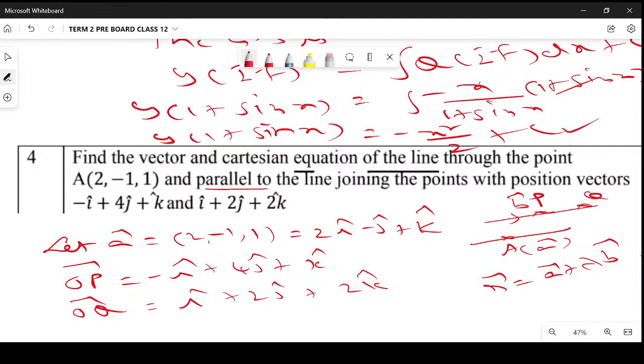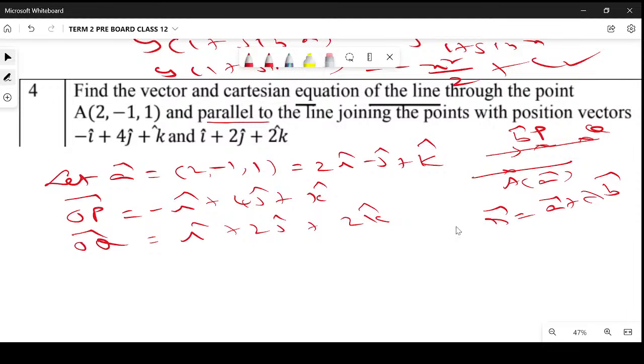Now they are asking for PQ bar. You find the vector PQ bar, which is nothing but B bar, parallel to that. PQ bar is OQ bar minus OP bar.